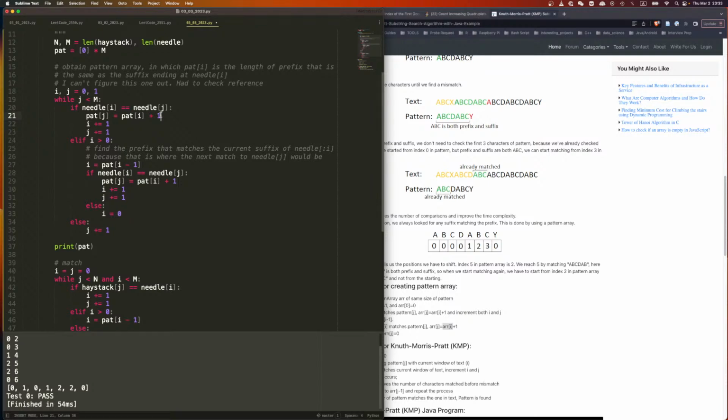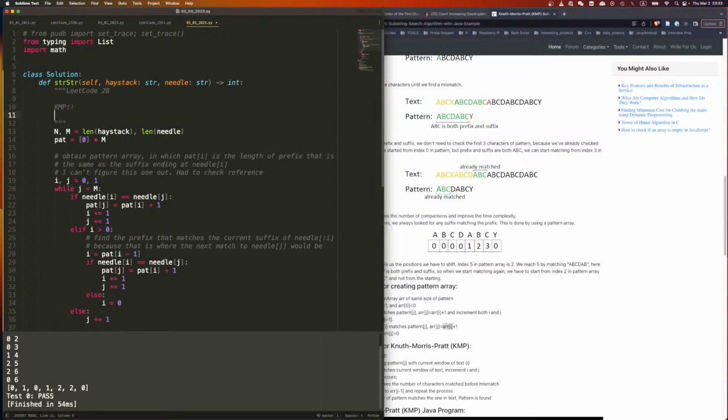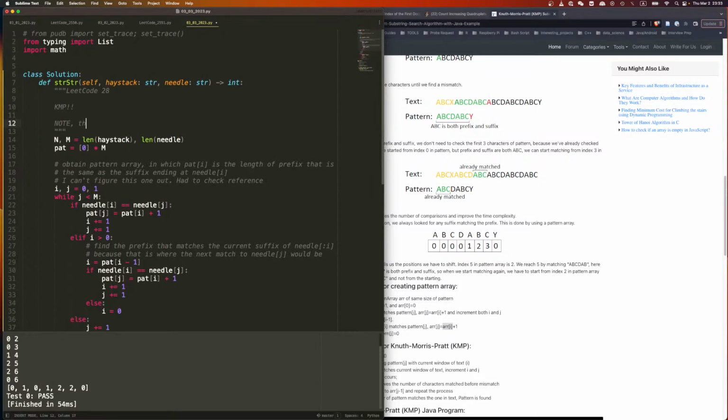So A as 1, A, prefix and suffix cannot be the entire thing. Right? It cannot be the entire thing. So it'll be 2. The suffix and prefix do not include the entire string.